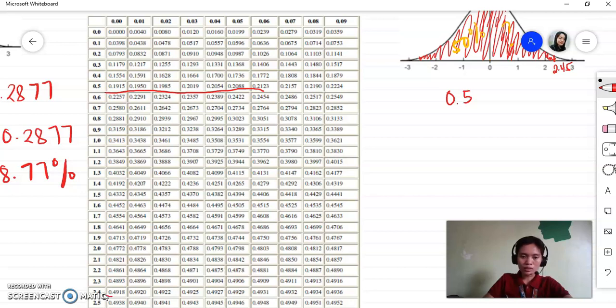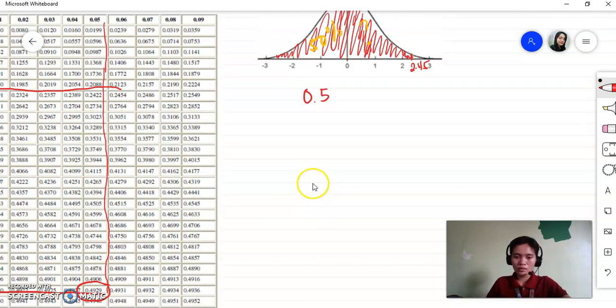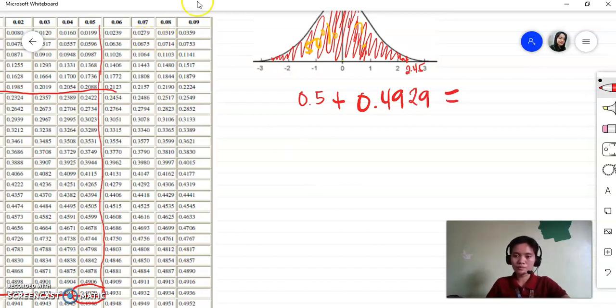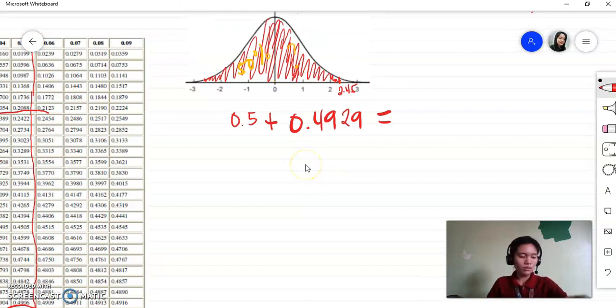Then where is the 5? There. So for 2.45, its area is 0.4929.